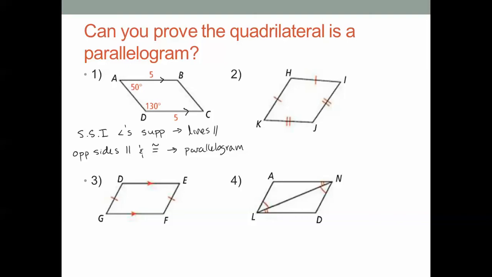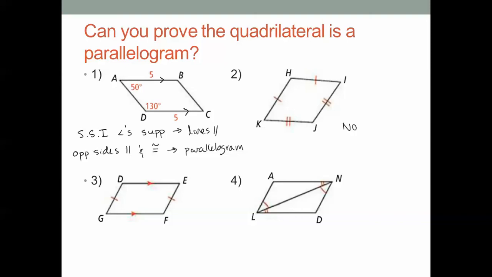Well, angle A and angle D are supplementary. Therefore, we know that segment AB and segment DC are parallel using the converse of the same side interior angles property, right? If same side interior angles are supplementary, then lines are parallel. We know that. All right. So number one is yes.